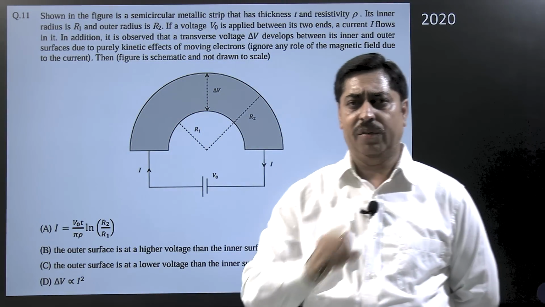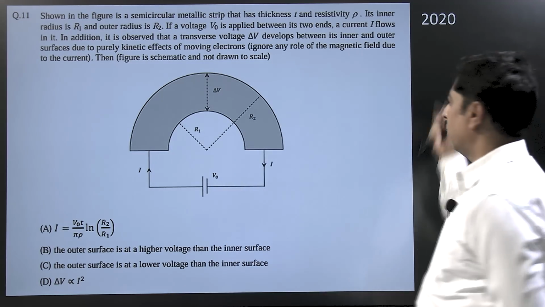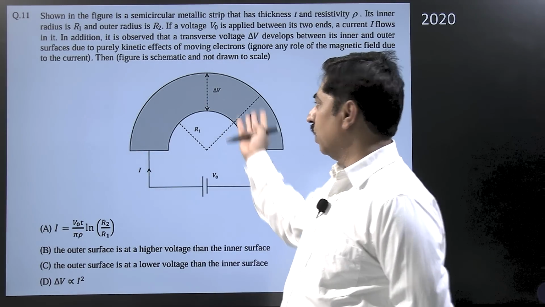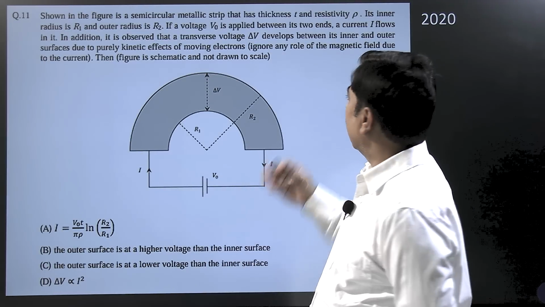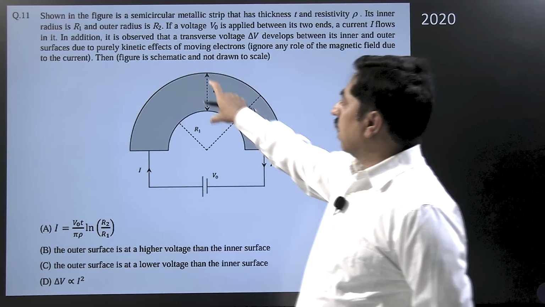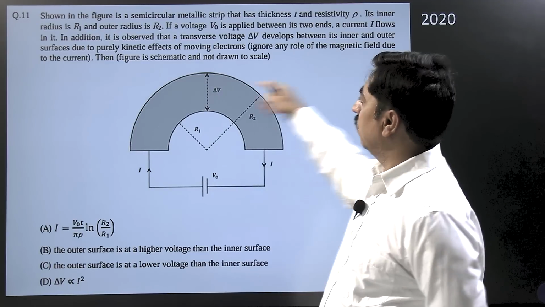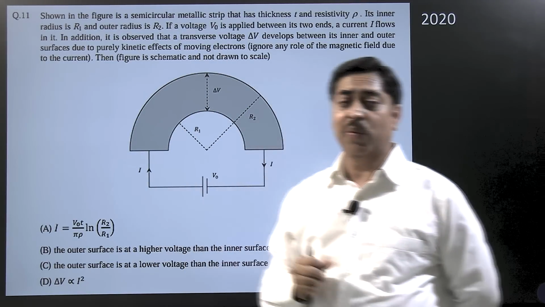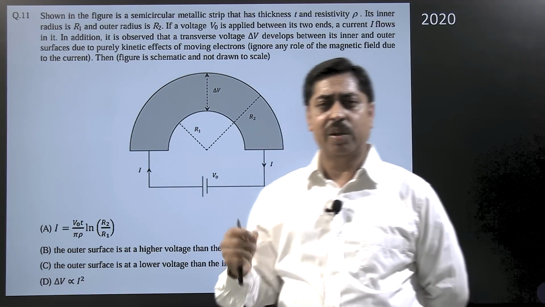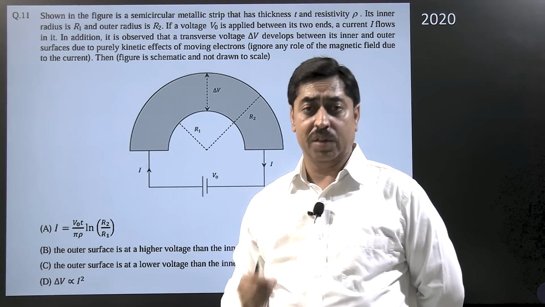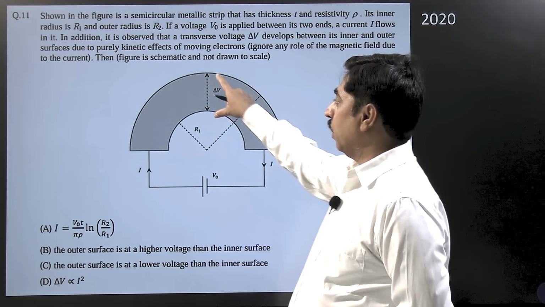Also, some anomalies. Like this, a question from the 2020 JEE Advanced question paper. A current is flowing through this conductor, and you have written that a transverse voltage develops between these two points because of the purely kinetic effect of moving electrons. We all know that the drift speed of electrons in a conductor is very small, but because of that small drift speed, there will be separation of charges.